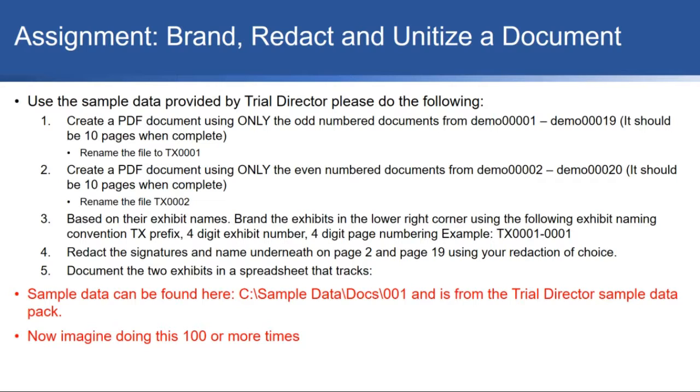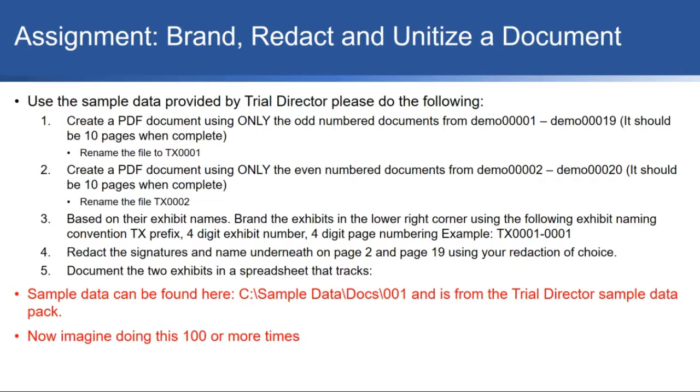3. Rename that file TX0002. Based on their exhibit names, brand the exhibits in the lower right-hand corner using the following exhibit naming convention: a TX prefix, a 4-digit exhibit number, a dash in the middle between the exhibit number and the page number, and make the page number 4 digits as well. This we call the 4-4. 4.